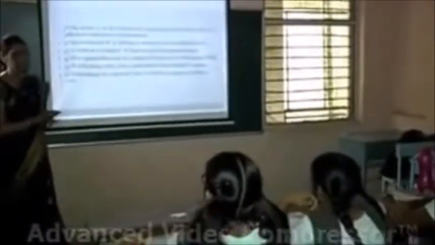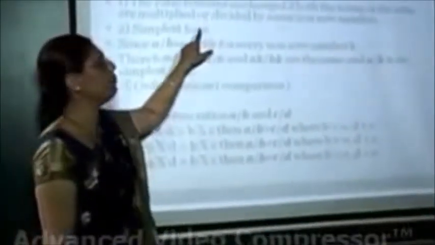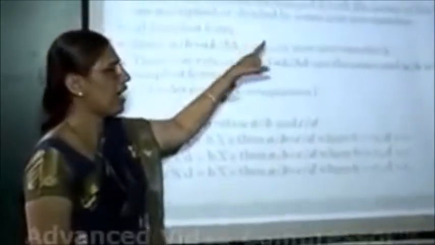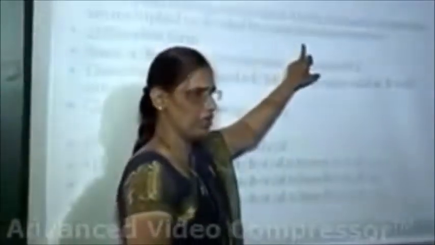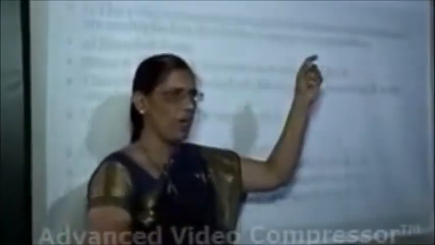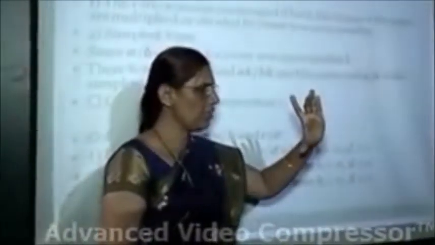Then if we have to compare two quantities, those quantities must be in the same unit or of the same kind. Percentage is also a special type of ratio, and its second term is 100. A ratio remains unchanged if we multiply or divide by the same non-zero number. 3 upon 4 is the simplest form.